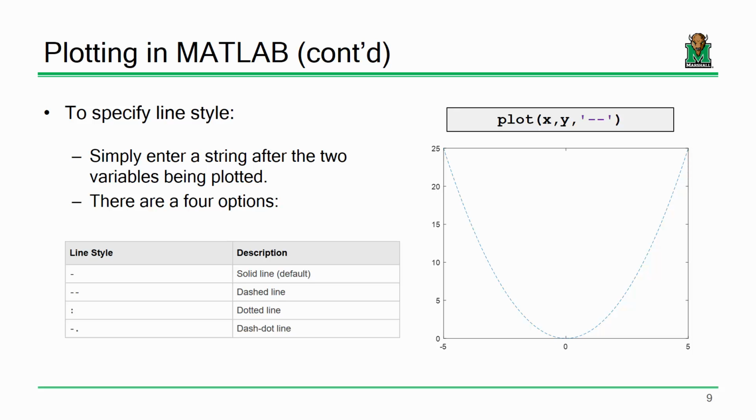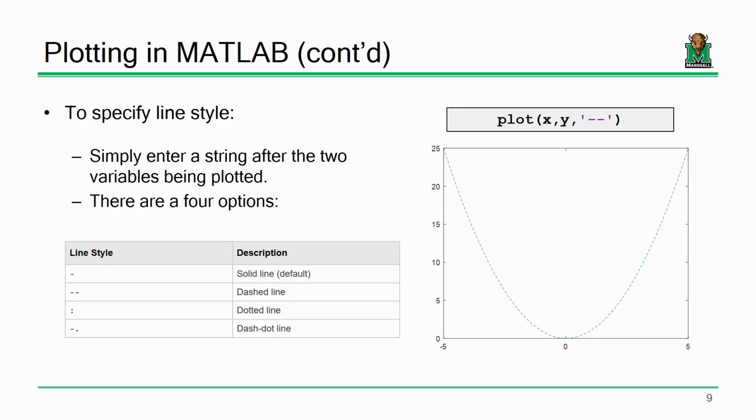So if you go back to your command window and instead of saying plot x comma y, say plot x comma y comma, and then put this string, 2 apostrophes and then dash dash. What MATLAB's going to do is interpret this dash dash symbol to mean that I want this plot to have a dashed line.